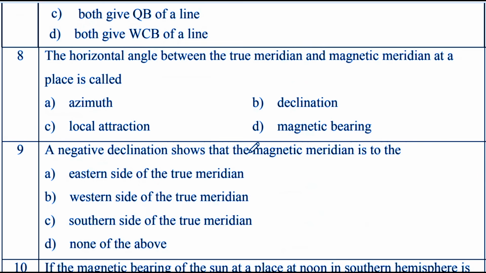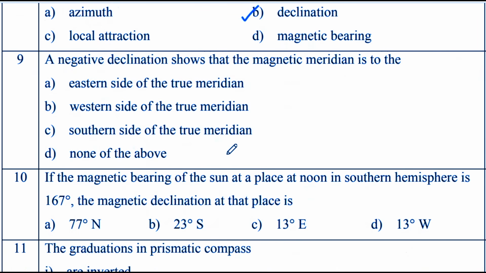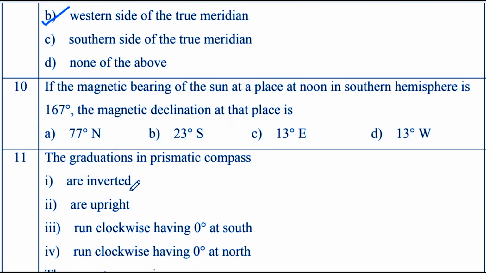The horizontal angle between the true meridian and the magnetic meridian at a place is called declination. A negative declination shows that the magnetic meridian is to the west side of the true meridian.